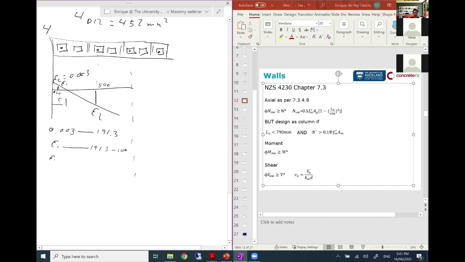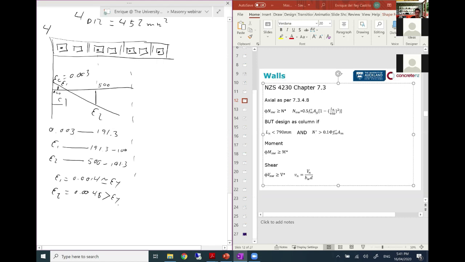And then the strain of the second bar is equal to 500 minus C. From here we obtain epsilon 1, strain 1, 0.0014, strain 2, 0.0048. So this is more or less at yield, and this is quite a bit larger than yield.